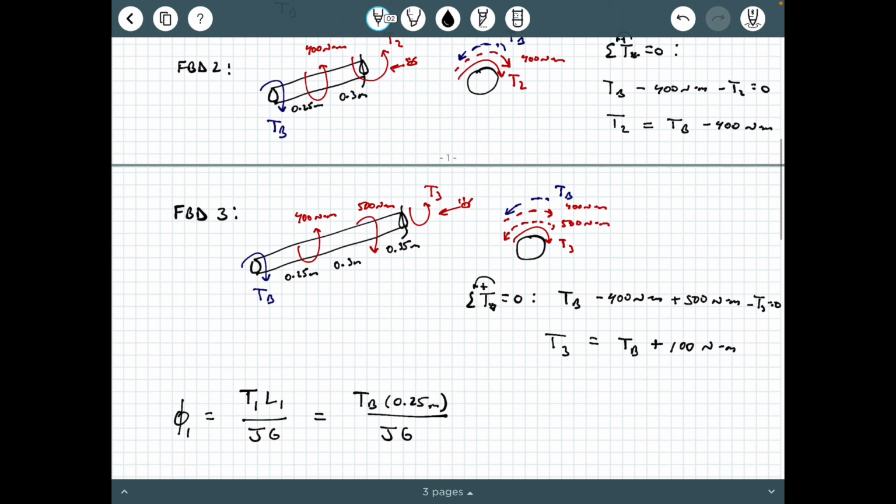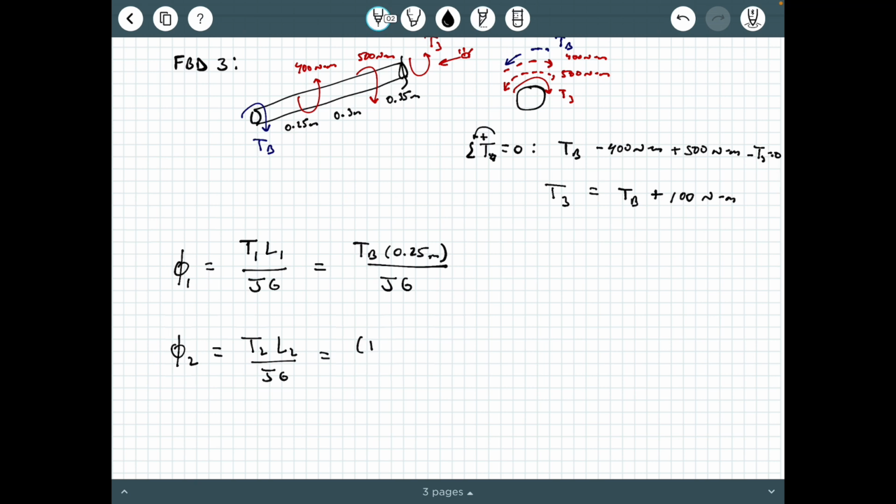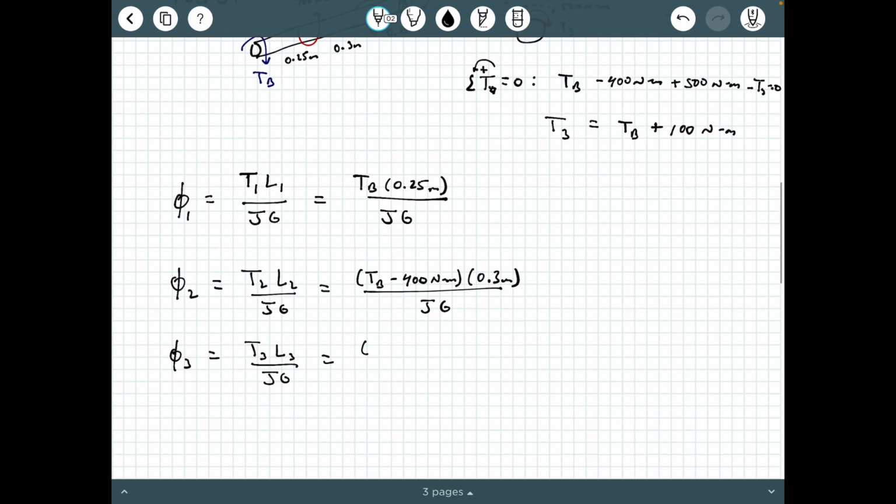Now, what's T2? Well, T2 is TB minus 400. So parentheses TB minus 400 Newton meters times 0.3 meters all over JG. And then Phi3 is T3 L3 over JG. And what is T3? Well, that's our TB plus 100 Newton meters times 0.35 meters over JG, okay?